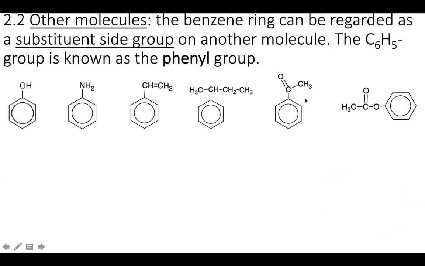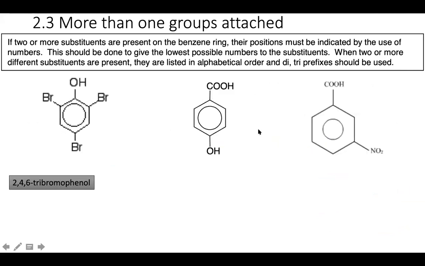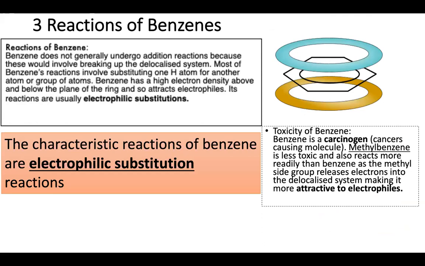It may be a long chain, it may be a short chain, but only one per carbon. If you have more substituents, they will be placed on a different carbon atom. This is because of the fact that the delocalized system is stable. So the characteristic reactions of benzene rings are electrophilic substitution.